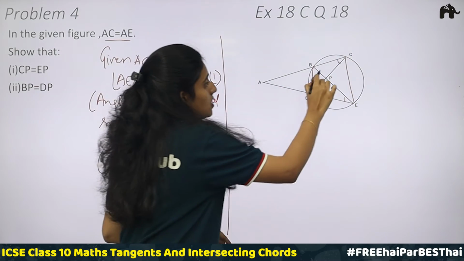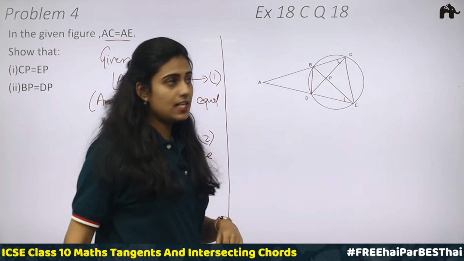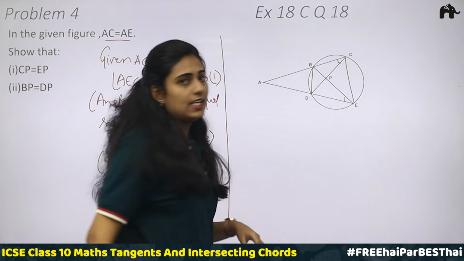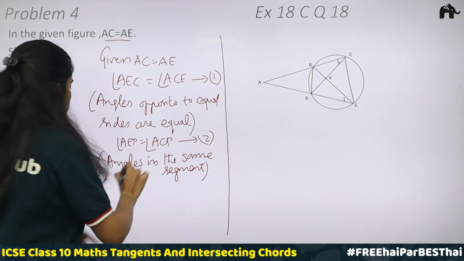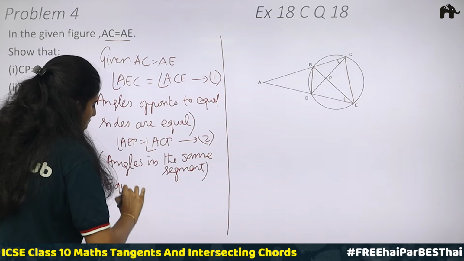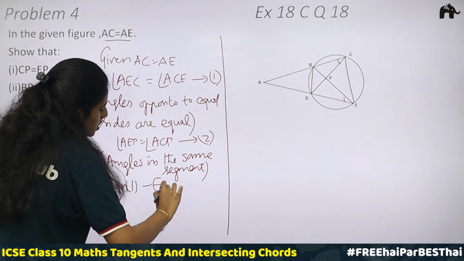Now, when you take total angle ACE, it is made up of ACP and PCE. In order to get this PCE angle, we need to just subtract ACP from the total angle ACE. For that, I am going to subtract the second equation from the first equation. Equation 1 minus equation 2.